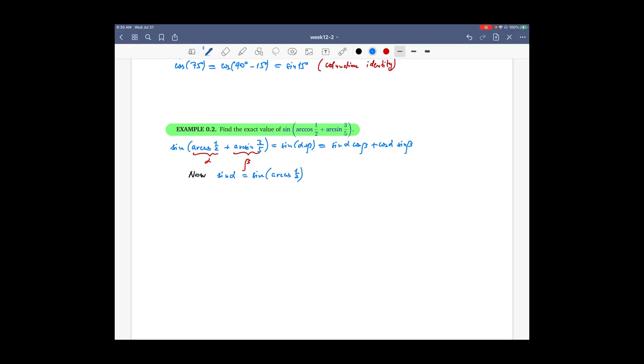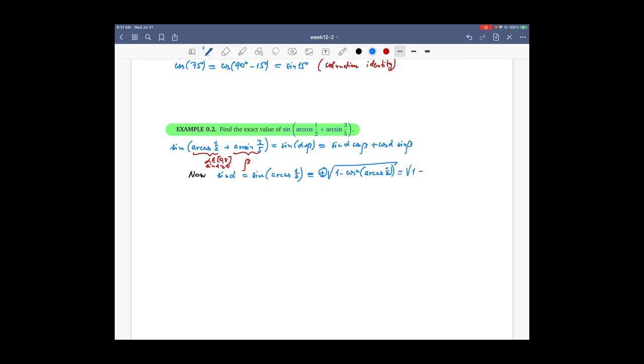We know this number will be positive because our arc cosine of 1/2, which we call alpha, is in 0 to pi. So that's quadrant 1 or 2. And sine there is non-negative. So when we replace sine by square root of 1 minus cosine squared, we know we need to take the positive sign.